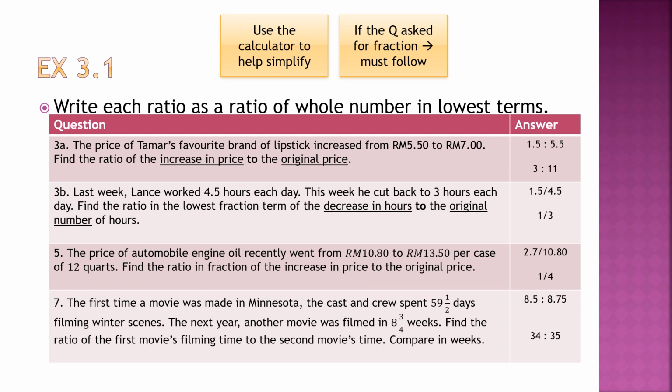You will get 8.5. So 8.5 to 8.75. Where is 8.75 coming from? The second movie, which is 8 and 3/4 weeks, in other words, is 8.75. Plug 8.5 over 8.75 into the calculator. You will get 34 to 35.